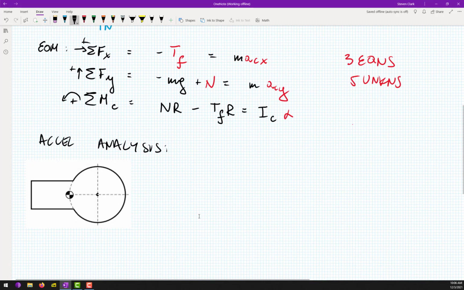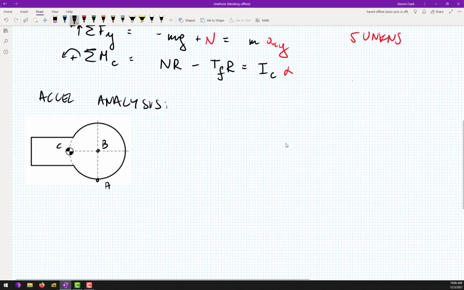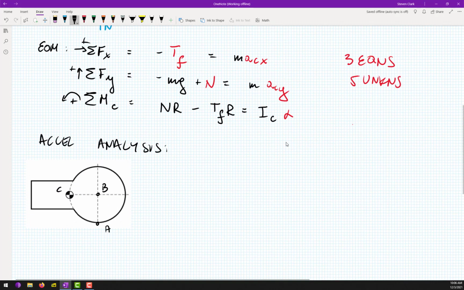So this is A, B, and C. So I propose running acceleration analysis between B and A, and then C and A. So what will we have in here?